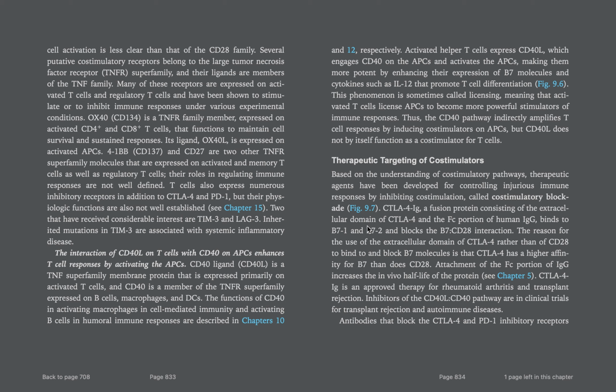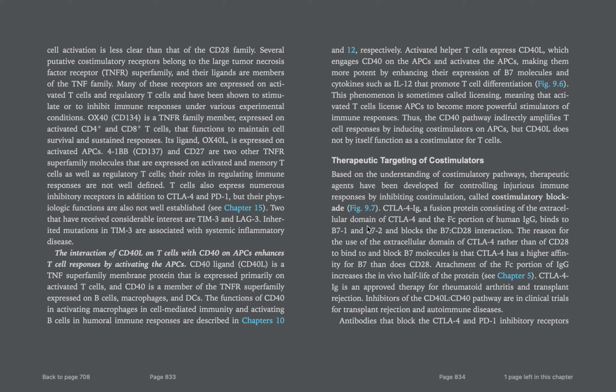Several putative costimulatory receptors belong to the large tumor necrosis factor receptor superfamily, and their ligands are members of the tumor necrosis factor family. Many of these receptors are expressed in activated T cells and regulatory T cells and have been shown to stimulate or inhibit immune response under various experimental conditions.